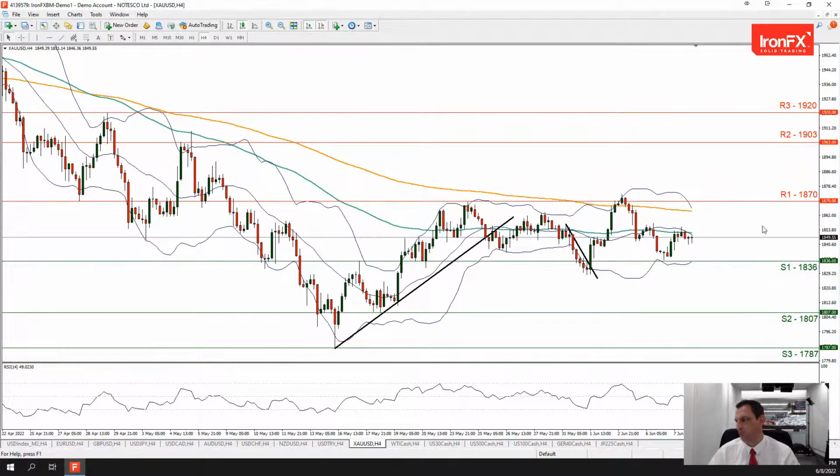We have a nice wide range bound movement for around $35. It's actually 34 to 35 for gold's price, which seems to be valid. And the main body of the price action practically falls between those bands.